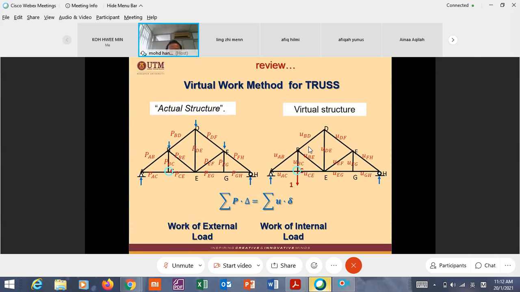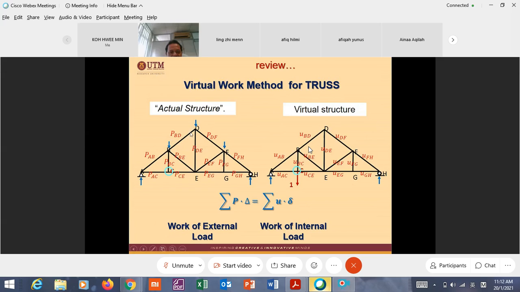I go back to this one. In truss analysis, what is work? Work is force multiplied by the extension, the deformation of each member, because there is no bending moment.